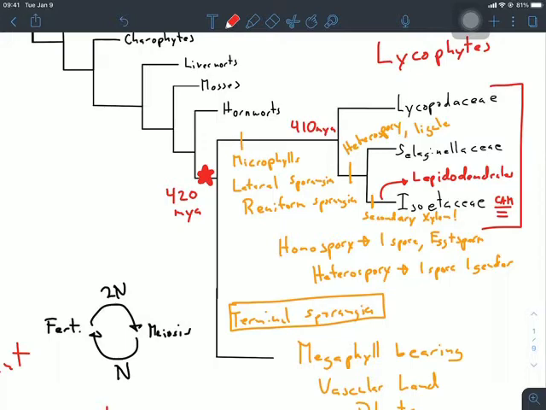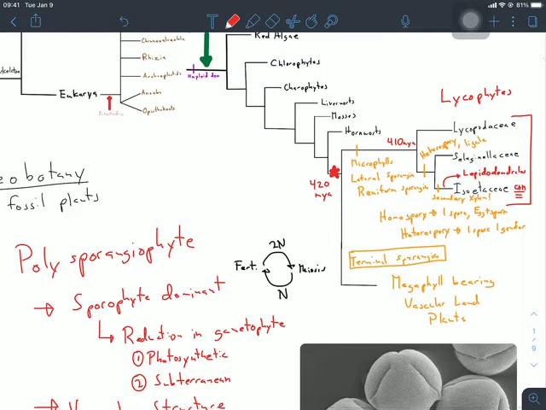But Isoetes is performing CAM not because it's short on water, but because it's short on CO2. So either of those two resources, whether it be water or CO2, can lead to convergent evolution of CAM photosynthesis.